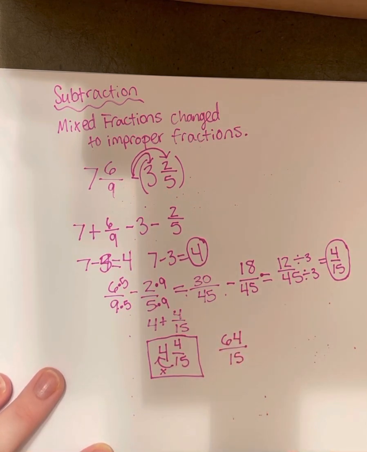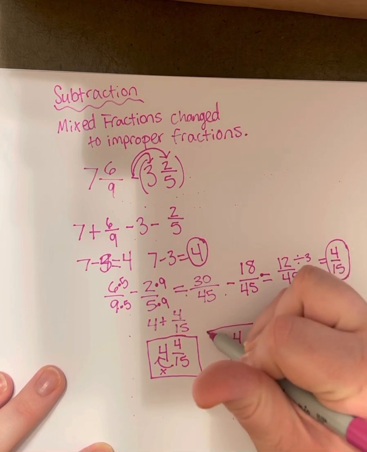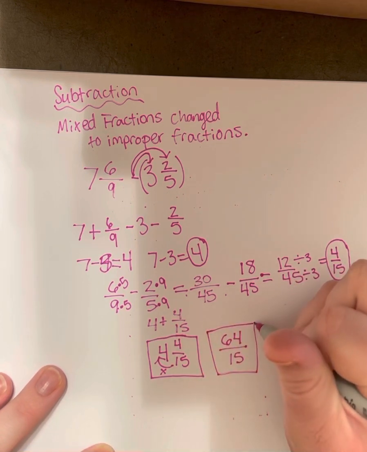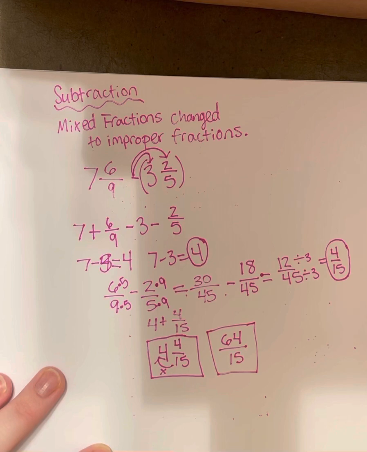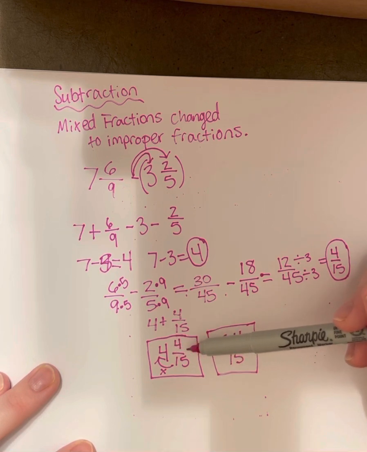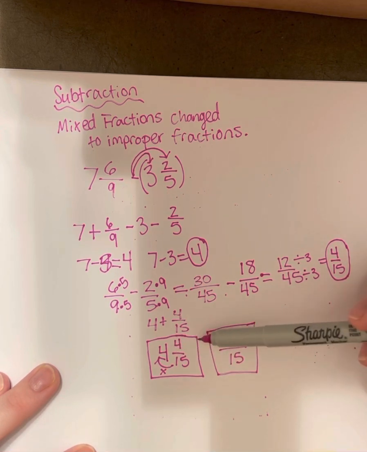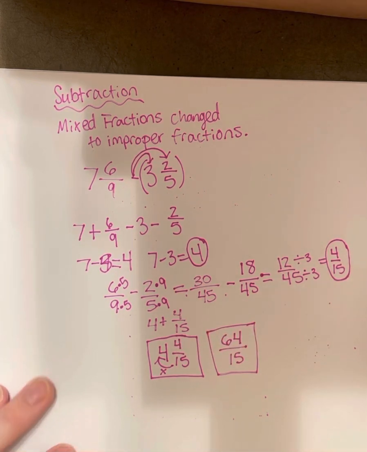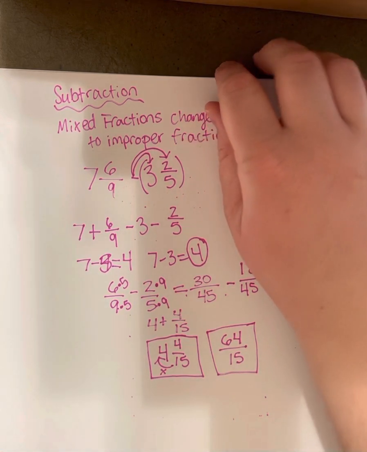Okay? And then we have our improper fraction. In some questions, we'll ask you to simplify to an improper fraction, and others will have you just leave it as a mixed number. So either one is correct. It just depends on the question that's being asked.